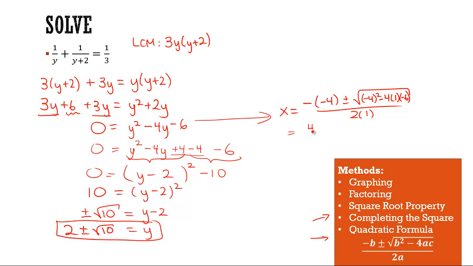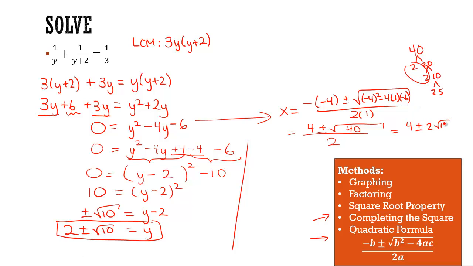So that's going to be 4 plus or minus root, and that's 16 plus 24, which is 40, over 2. So 40 is 2 times 20, 2 times 10, 2 times 2 times 5. So a factor of 2 comes out, so you have 4 plus or minus 2 root 10 over 2.